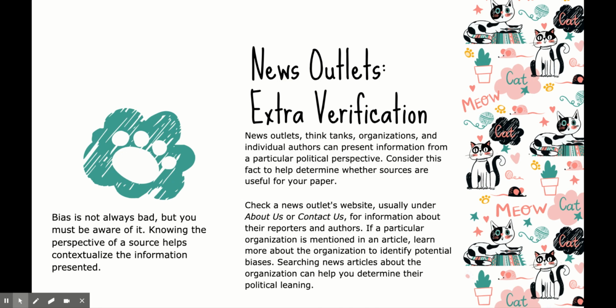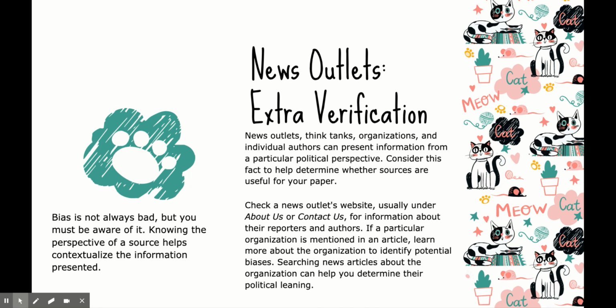Check a news outlet's website, usually under About Us, or contact us for information about the reporters and authors. If a particular organization is mentioned in an article, learn more about the organization to identify potential biases. Searching news articles about the organization can help you determine their political leaning, which again is not bad if they do have a political leaning, and especially in our very divisive time right now politically that's happening in America, news outlets have taken sides.